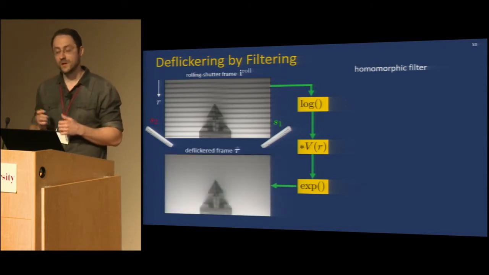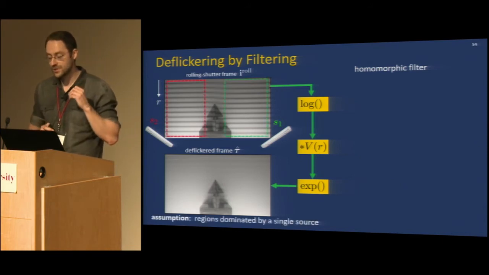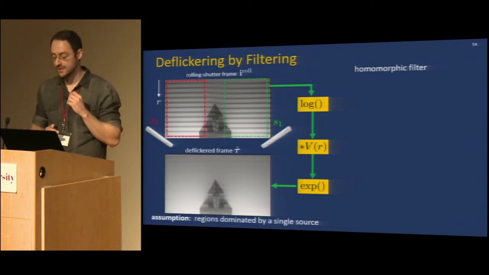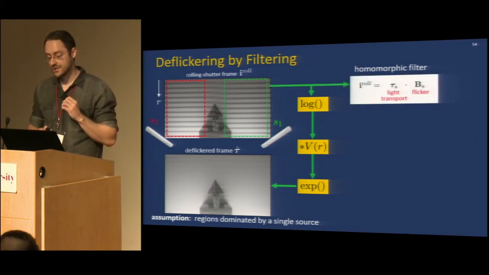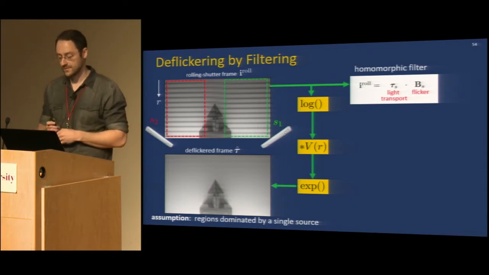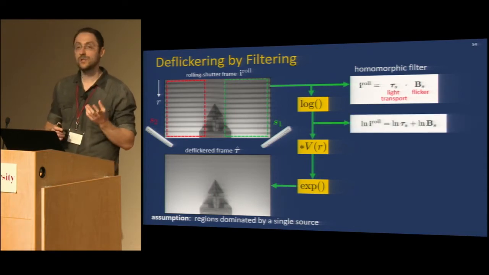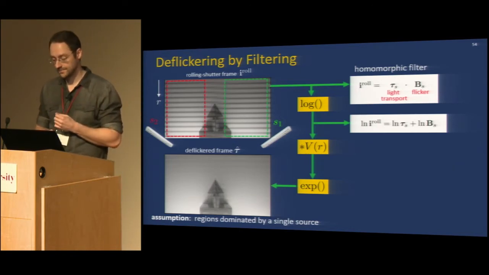Now, let's see why this works. Let us focus on image regions mostly dominated by a single source. Recall that in these regions, the frame is the product of the light transport and the flicker wave pattern. In these regions, the logarithm turns the product into a sum.